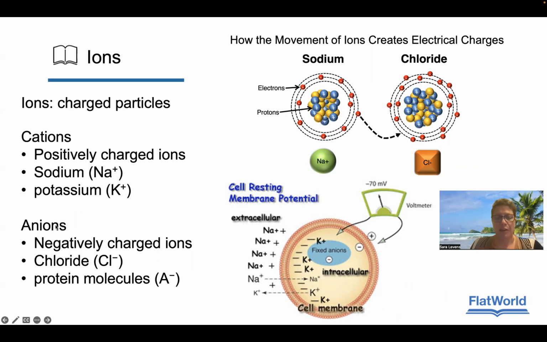And then we have anions, which are negatively charged ions, like chloride and protein molecules that are also negatively charged. These are the ions involved in the key parts of this neuronal communication process. So one of the most important things is to look at, okay, we understand these charged particles, so what is happening within the neuron?